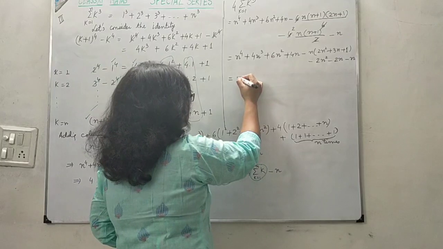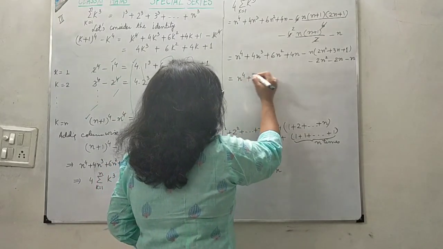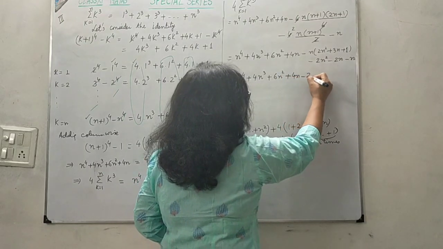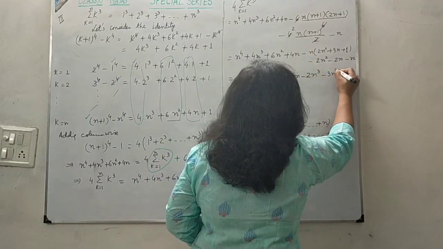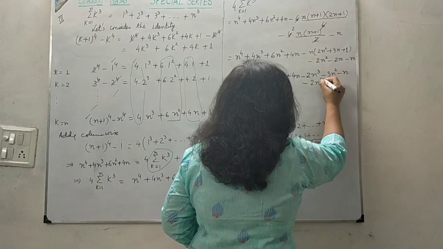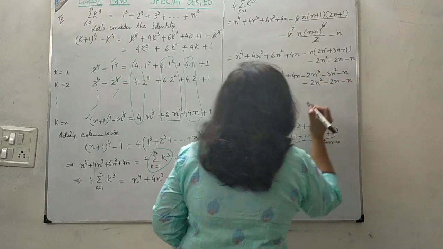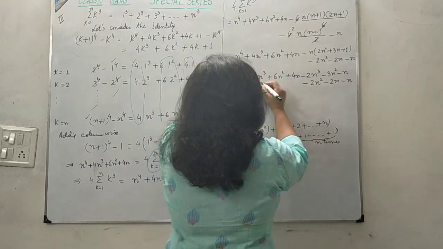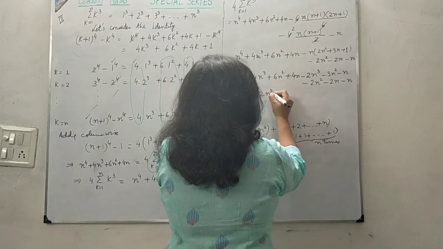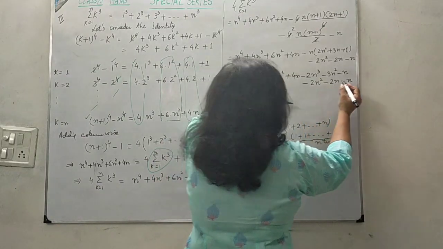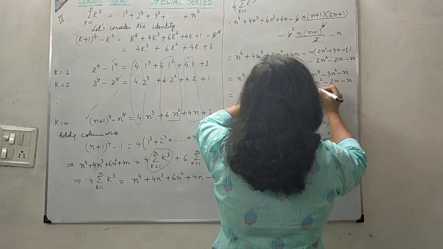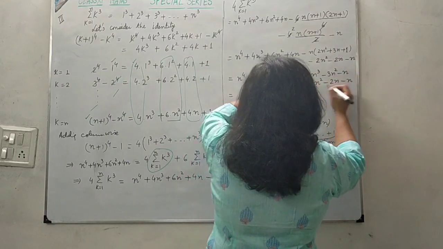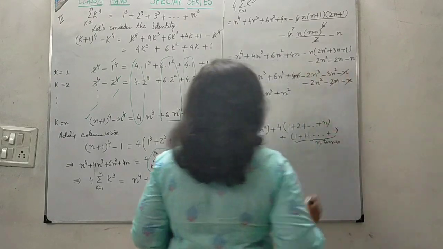further simplifying this, I will get n to the power 4 plus 4n cube plus 6n square plus 4n minus 2n cube minus 3n square minus n minus 2n square minus 2n minus n. Now if I simplify it, I will get the terms n to the power 4 and 2n cube and n square only, and the 4n terms get cancelled.